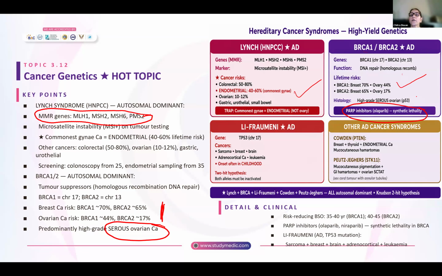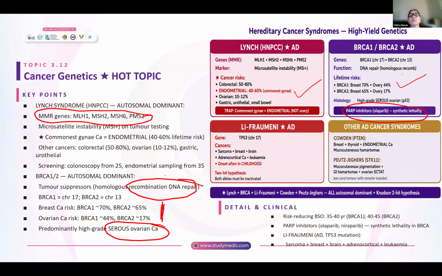These PARP inhibitors selectively act on the defective DNA in the ovarian cancer cells, and the cells that have normal DNA are not affected. So it's enough for you to remember that in any cancers due to BRCA1 or BRCA2, the most effective chemotherapy is with PARP inhibitors. If you remember that much, it's more than enough for you.